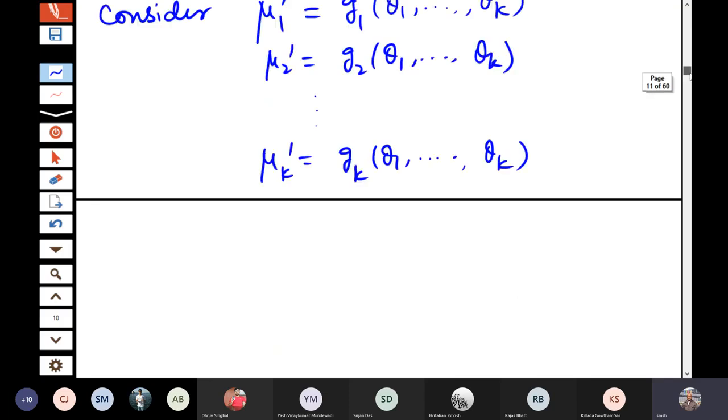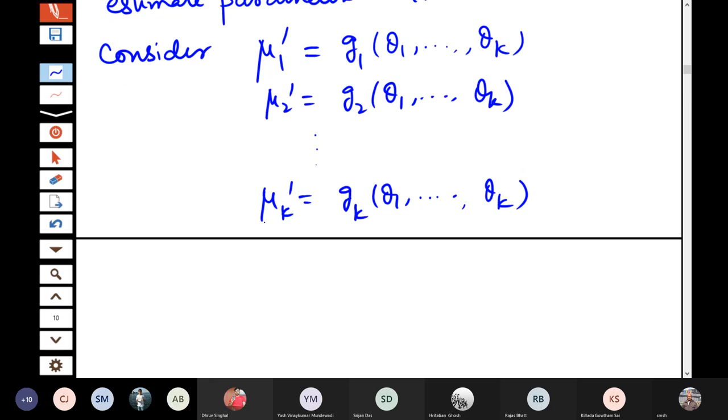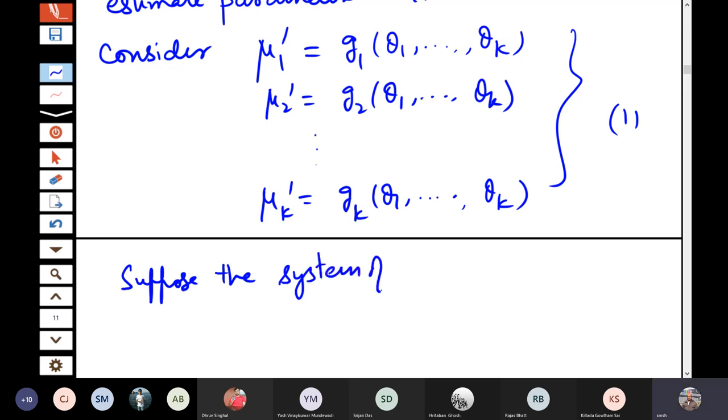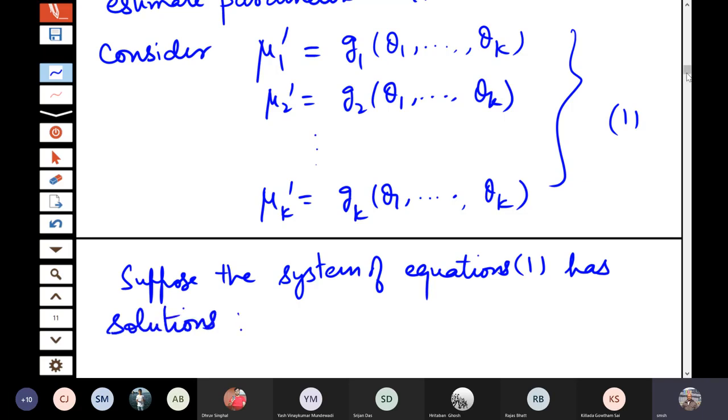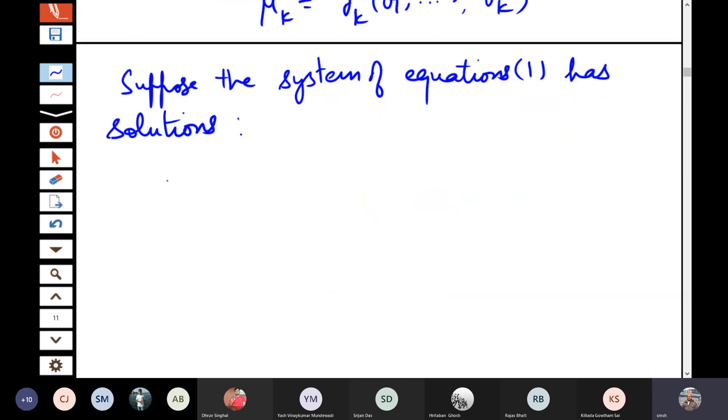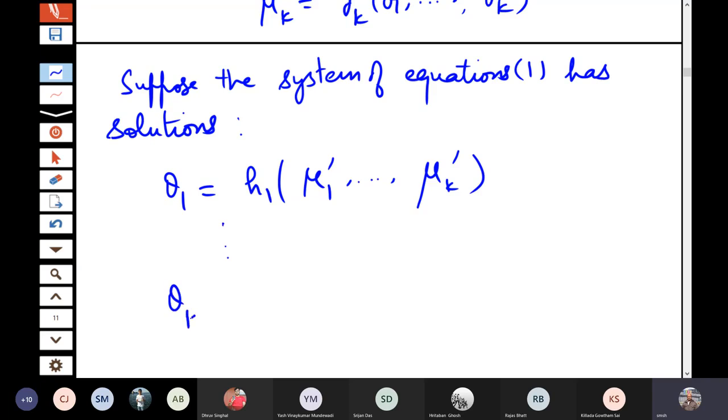So from here, let us suppose the system 1 has a solution. We write theta 1 is equal to, say, h1 of mu1 prime, mu2 prime, mu k prime, and so on. Theta k is equal to hk of mu1 prime, mu2 prime, mu k prime.